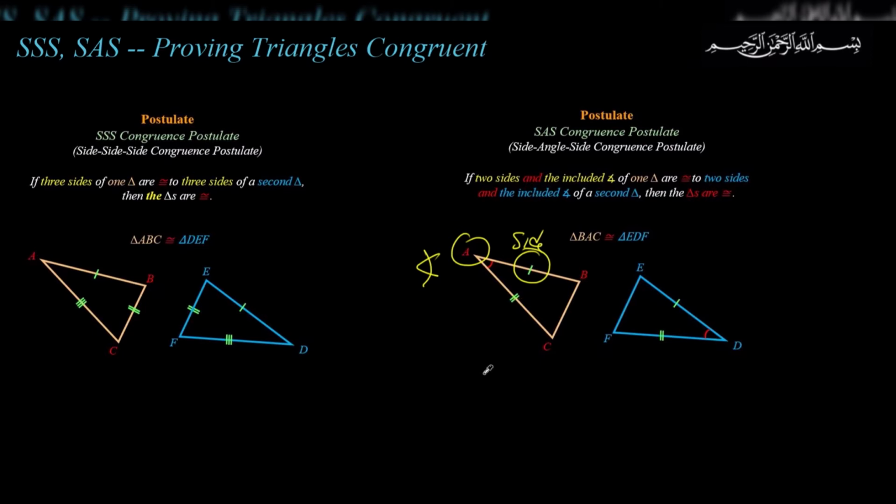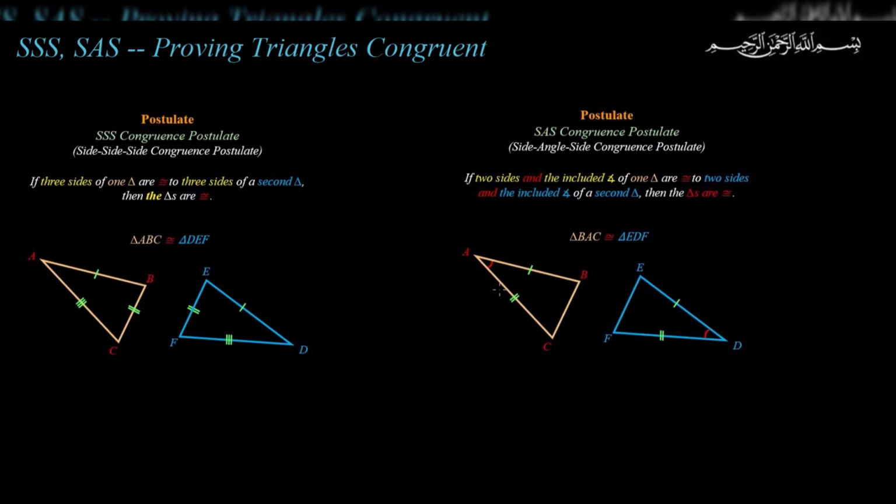So that's easy enough, right? But you should really be able to articulate these clearly. You can't just say side angle side and not know what that means and not be able to articulate that. So the side triangle congruence postulate states if three sides of one triangle are congruent to three sides of a second triangle, then the triangles are congruent.